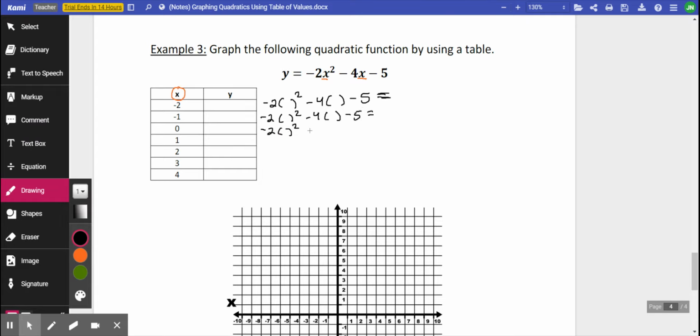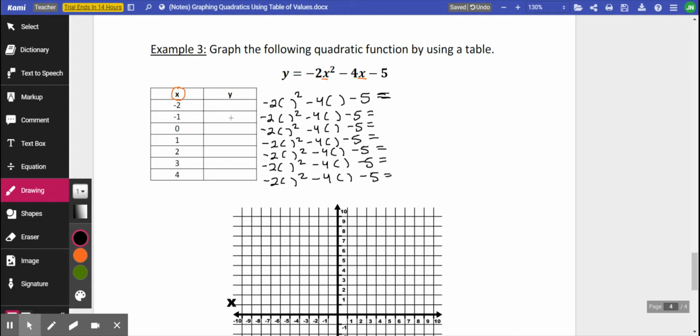A couple more times. All right, 2 more. This is going to give me that forearm strength from all this writing over and over again.